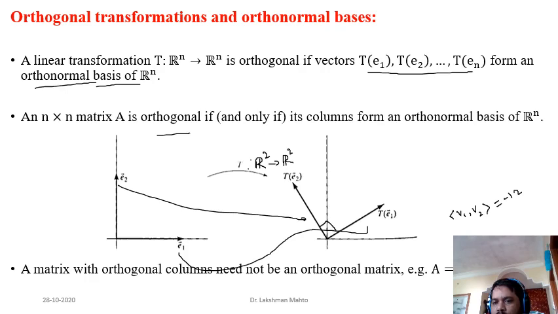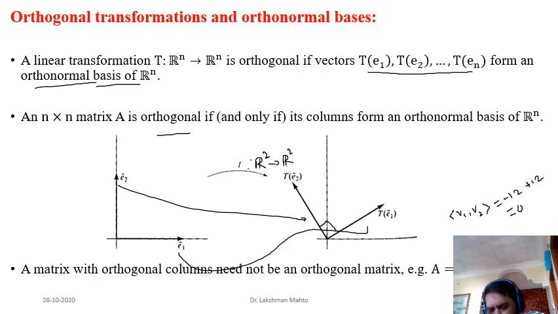So what is the dot product? 4 times minus 3, that is minus 12, plus 3 times 4, that is 12. So minus 12 plus 12 is equal to 0. That means V1 and V2 are perpendicular to each other.